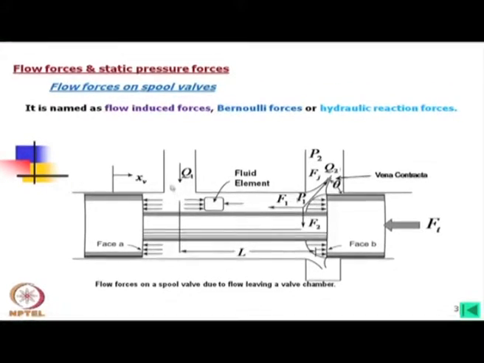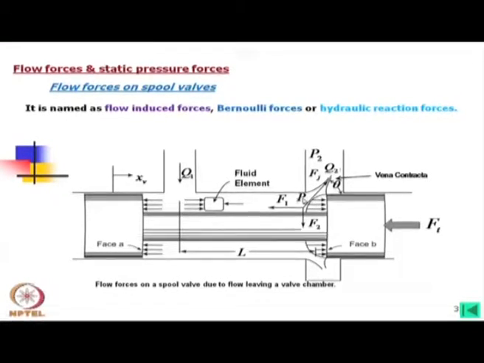This length is from the middle of this orifice to the middle of the orifice opening. So if it is x v, this distance must be x v by 2, and this is the L. If we know the geometry of this spool, we will be able to calculate this L also.